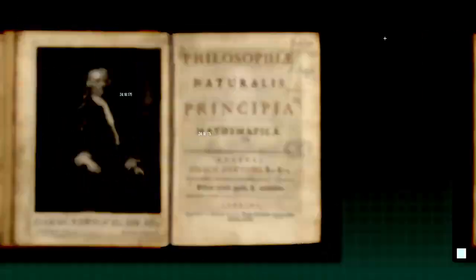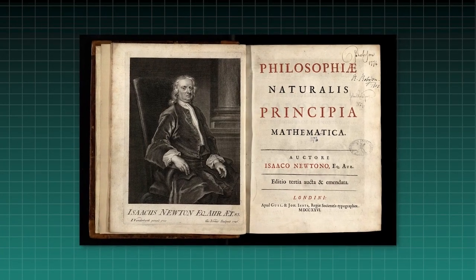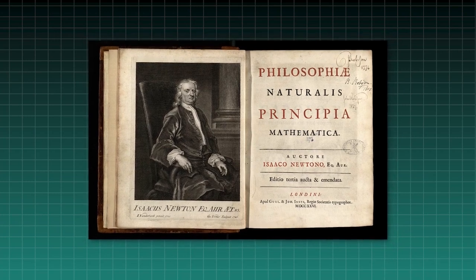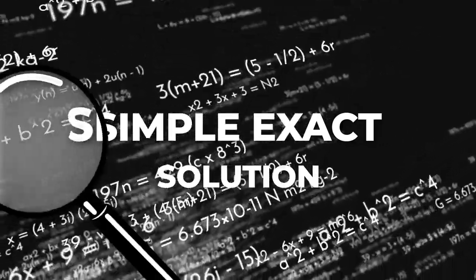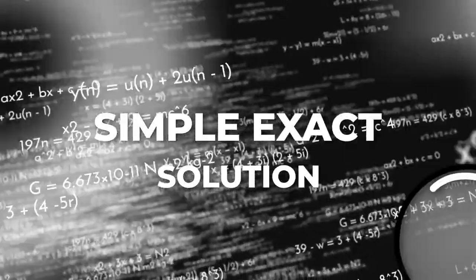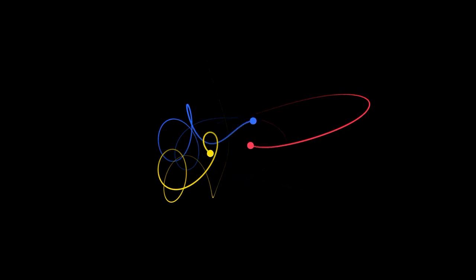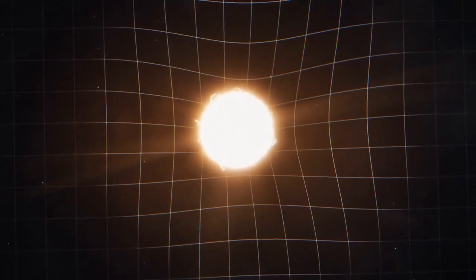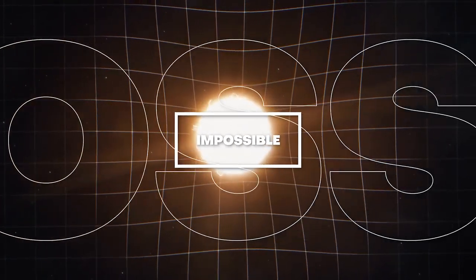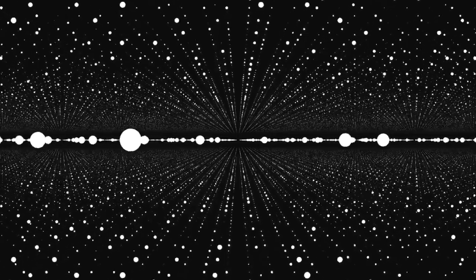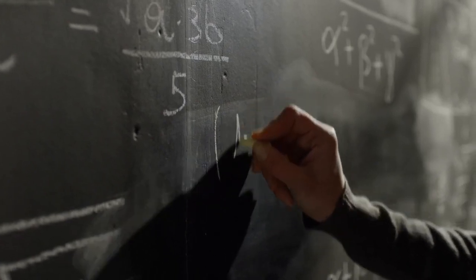After Isaac Newton's Principia was published, many mathematicians aimed to find simple, exact solutions for more complex systems, such as those involving three gravitating bodies. However, the influence of even a single additional body made finding such solutions impossible. This quest became an obsession for mathematicians. Yet, over 3 centuries, very few general analytic solutions were discovered.